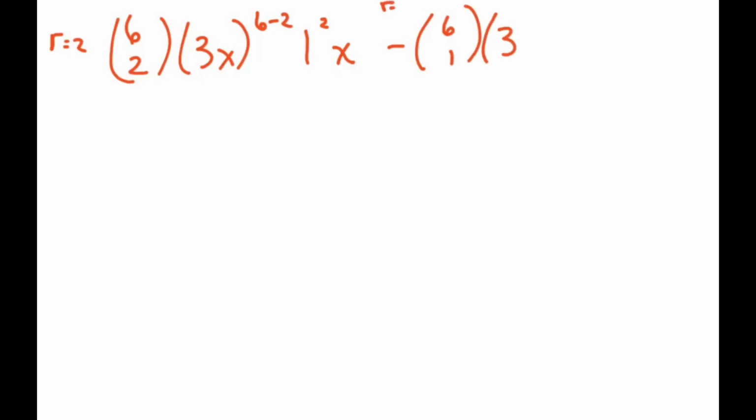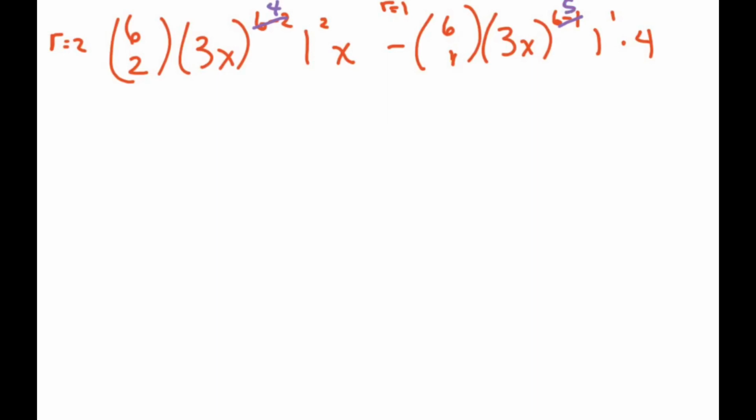This one is where r equals 1, right here. So 3x to the 6 minus 1, 1 to the 1 power times 4. And then you just clean this up. This is going to be 4, and this is going to be 5.